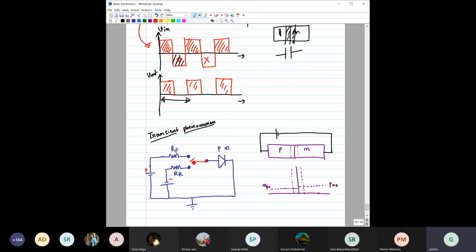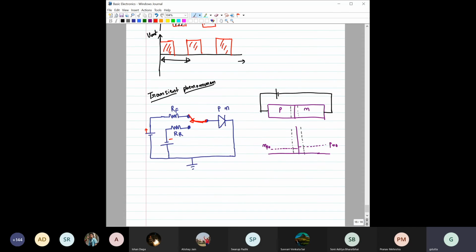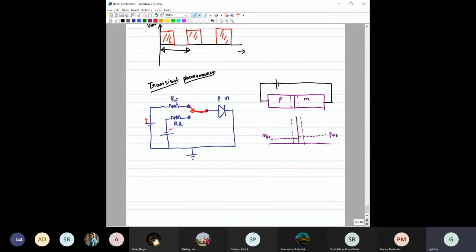So let us say that initially we connect it with this, throw this switch to here. Now the diode is in forward bias, the current is conducting, and all the things we have explained earlier are happening. Very easily, we can say from here, if this voltage is VF, then what would be the current?